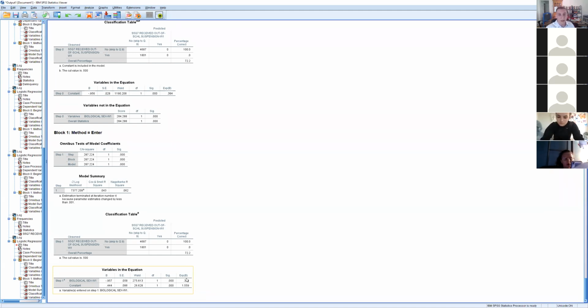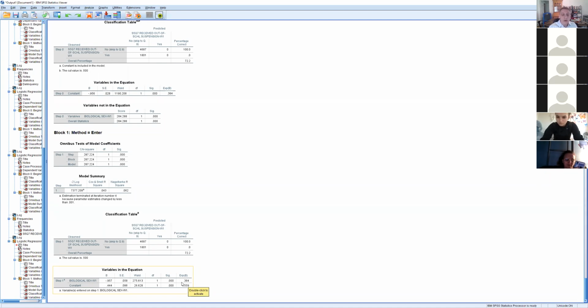Because if the probability of something happening is 0.5 and the probability of it not happening is also 0.5, then the odds of it happening would be 1. And so there is no greater or lesser odds of the thing occurring. Because this is less than 1, that means it's lowering the odds of the thing occurring, that thing being suspended from school.